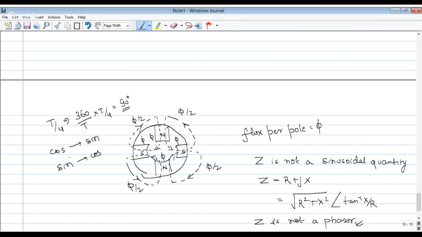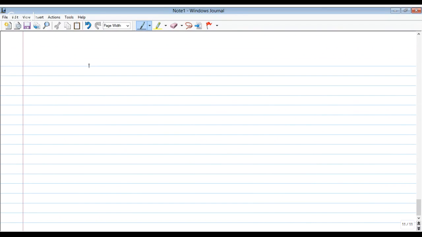Next is by Naveen. For a particular kilowatt rating of an induction motor, the kVAR rating of the shunt capacitor required is? The kilowatt rating is fixed, so P is fixed.